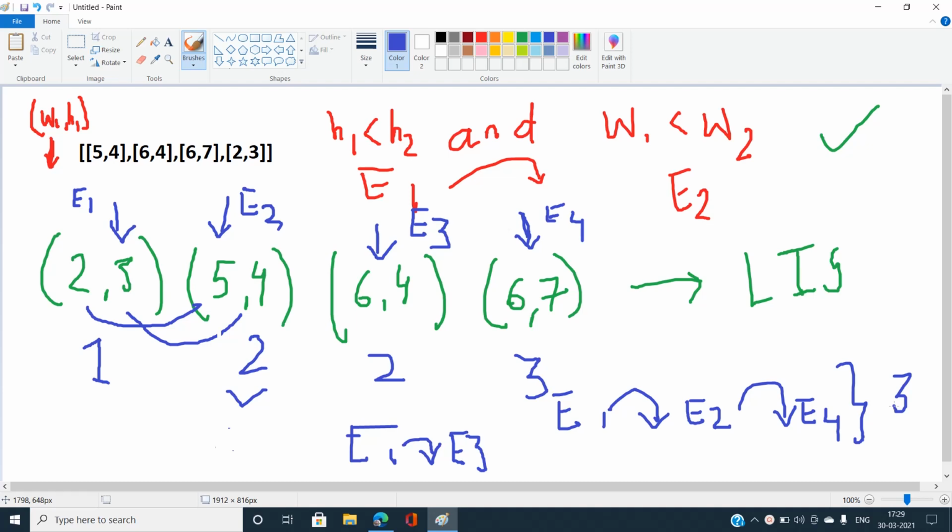If you don't understand this, no need to worry. Let us write a DP relation for that here.